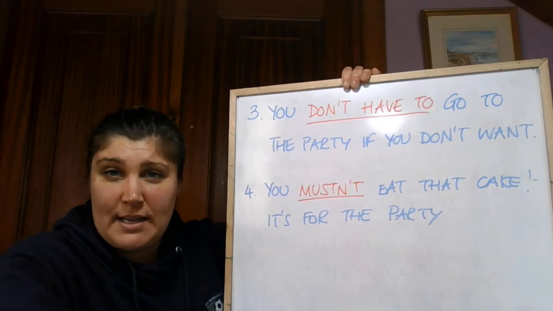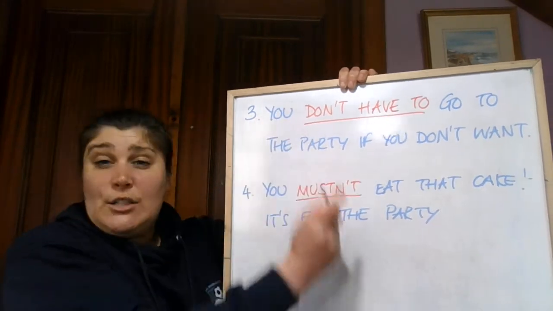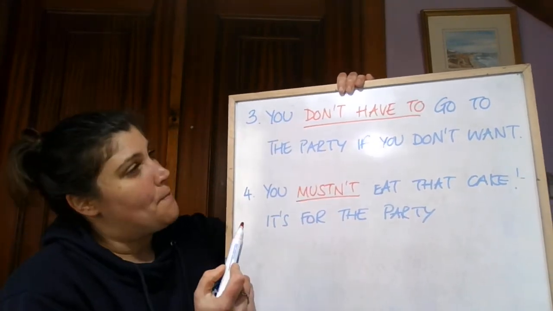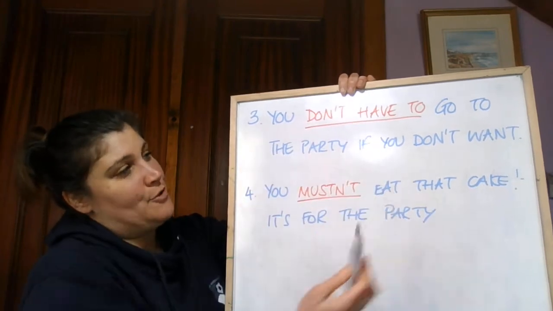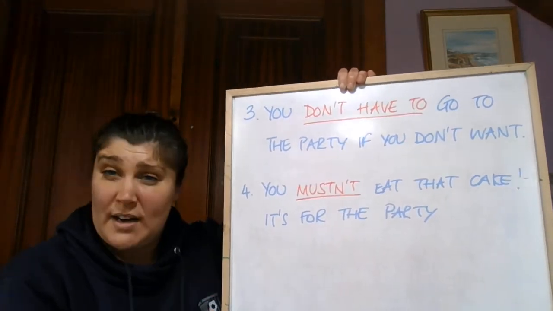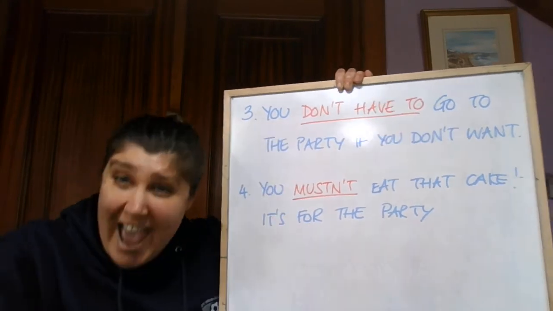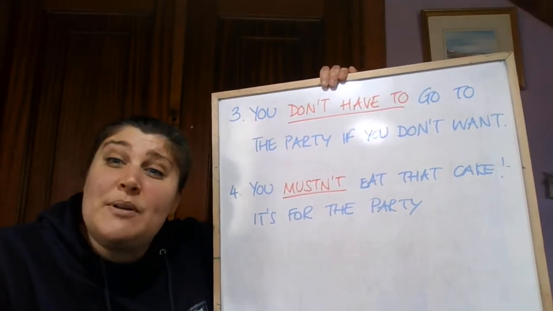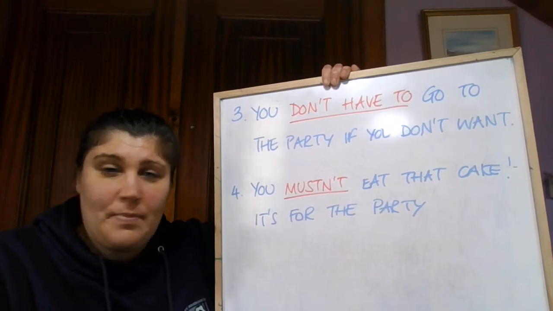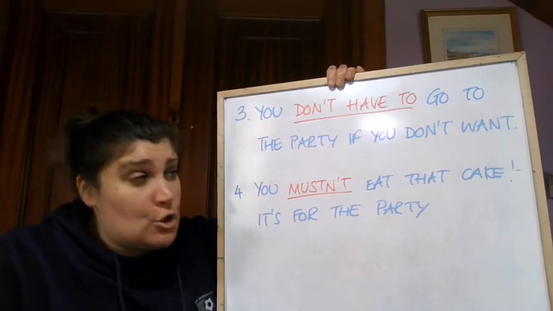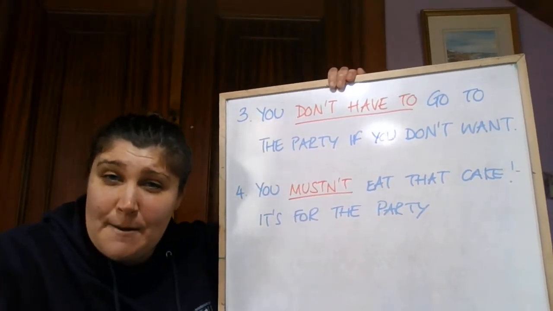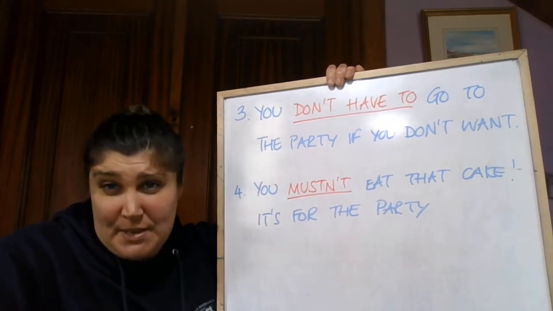It's for the party. So let's look at the difference in negative. So you don't have to go to the party if you don't want means that there's no obligation. You can go to the party, but it's not necessary. Whereas mustn't, you mustn't eat that cake, is it's prohibited.